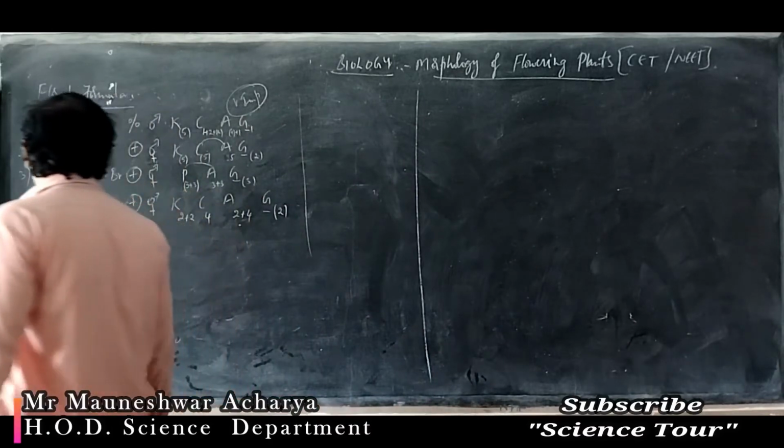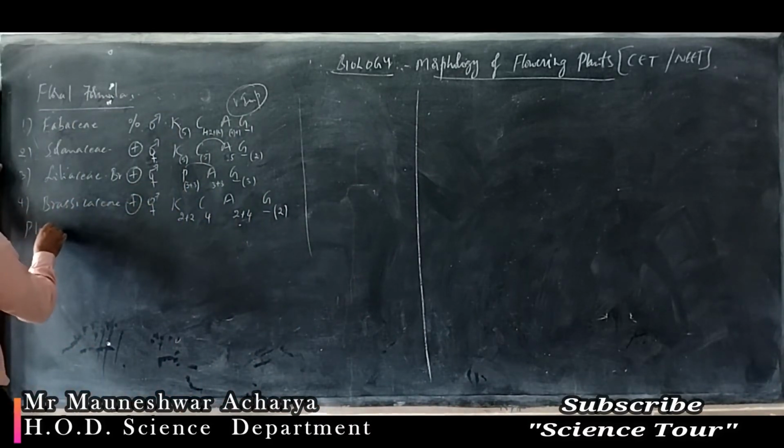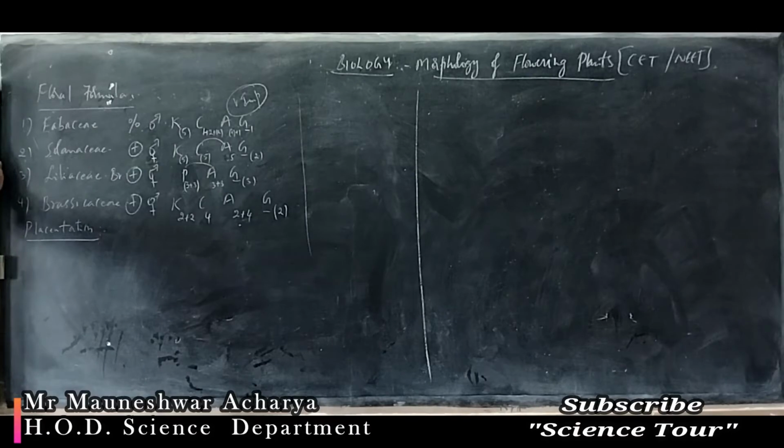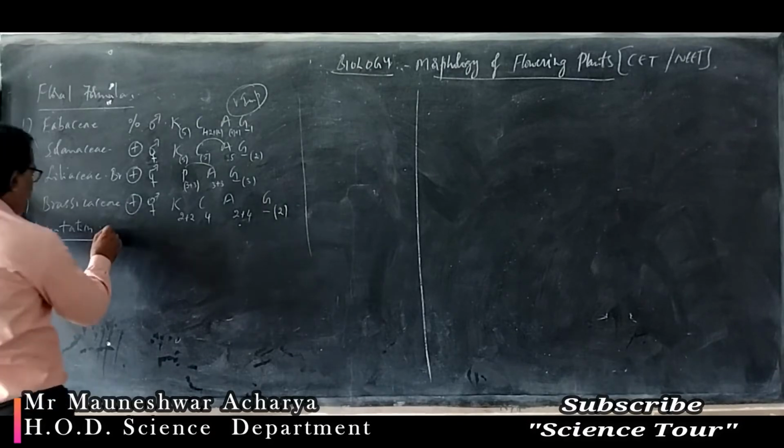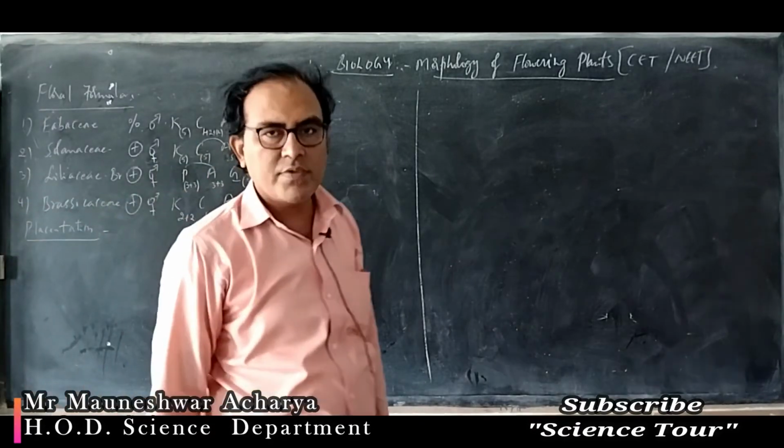And the next concept you have studied is placentation, the arrangement of ovules within the ovary. The placenta is a tissue connection which connects the ovules to the wall of the ovary.